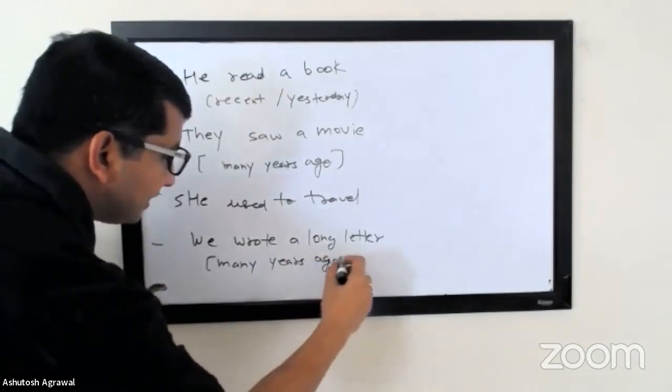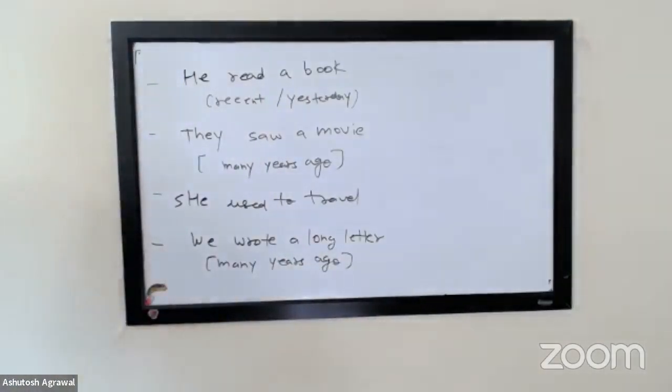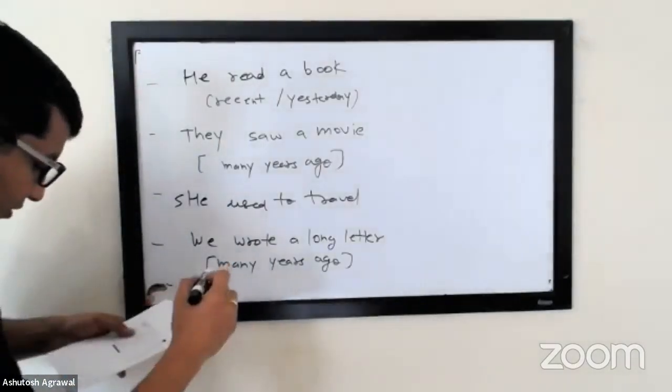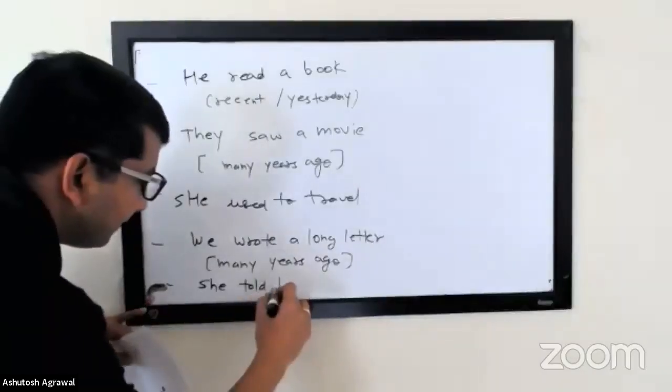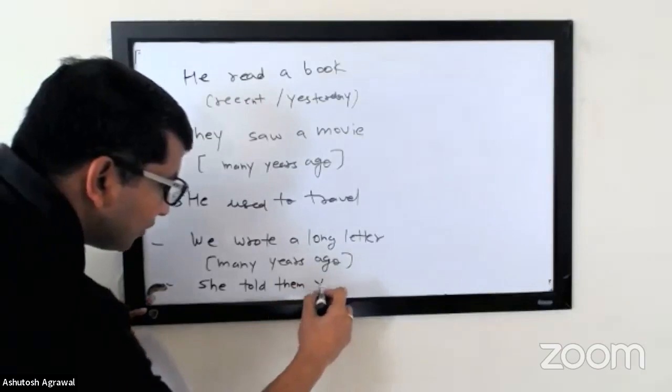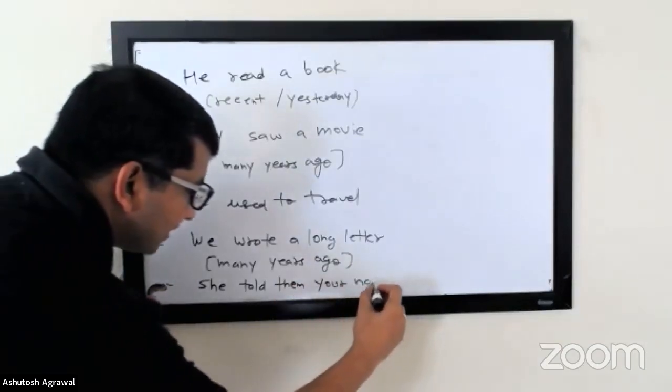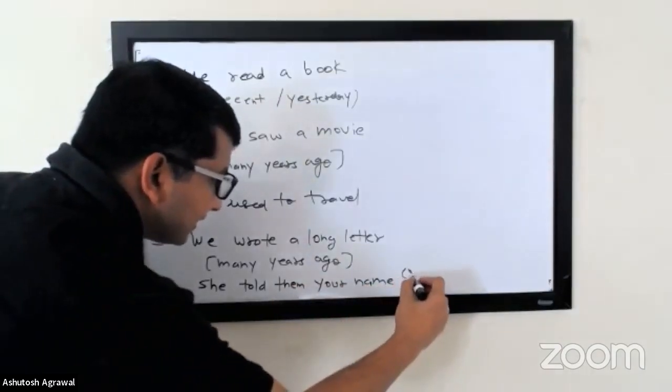It can also be written in English as, we had written a long letter. And then this one is: she told them your name. Something that happened recently.